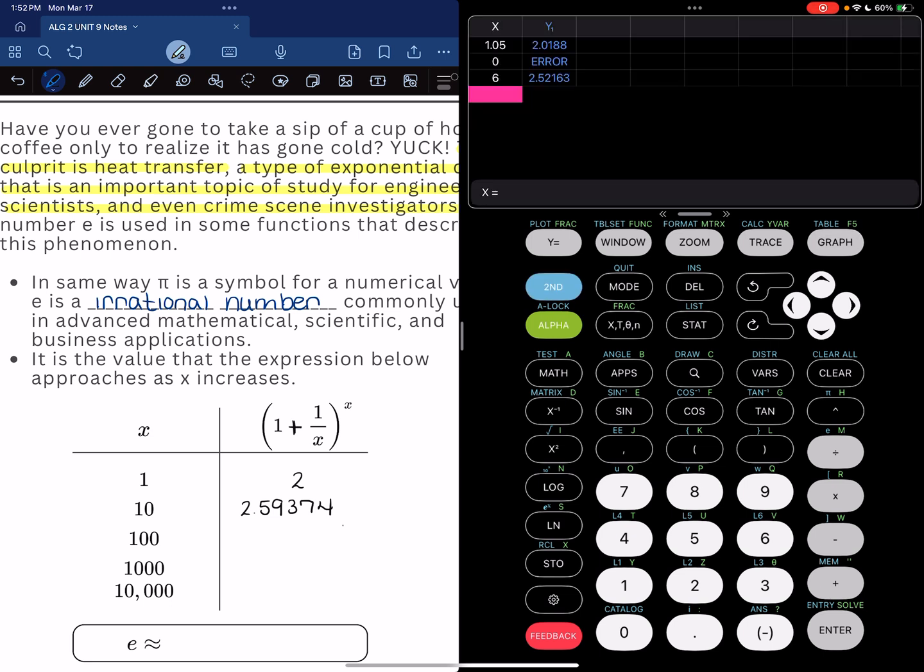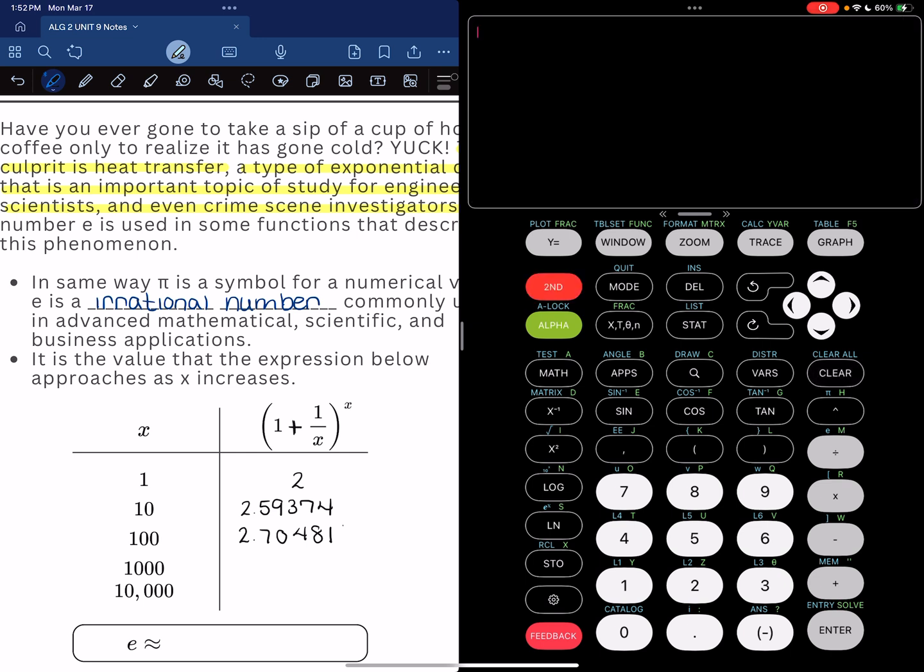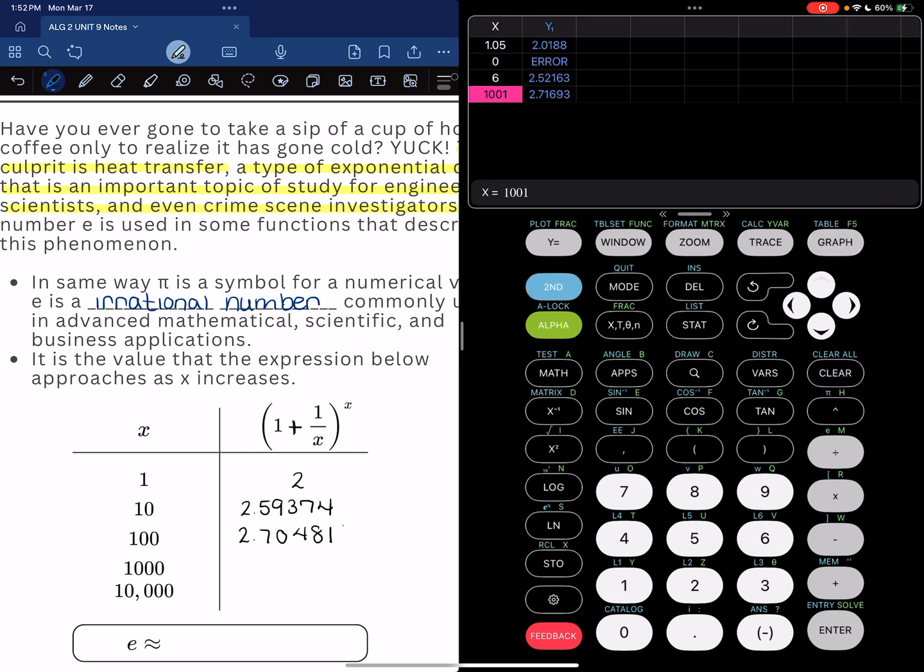And then when I go to my table, I can actually type in 100 and see what it is. That's super handy. It is 2.70481. And if I want to go again and find even more, let's go to not 100, but 1,000.